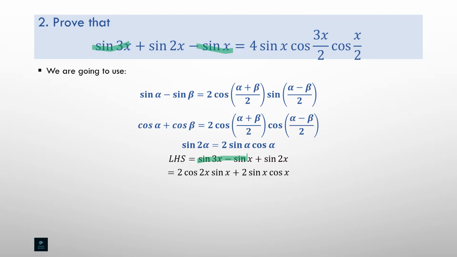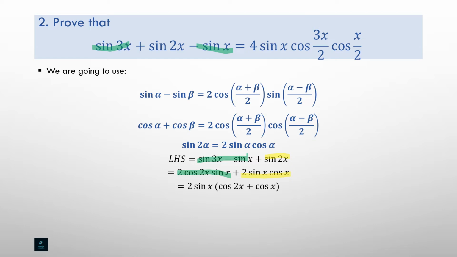Therefore we will get 2 cos 2x sin x applying on sin 3x minus sin x. From sin 2x we get 2 sin x cos x, and taking 2 sin x common we get 2 sin x times (cos 2x plus cos x).